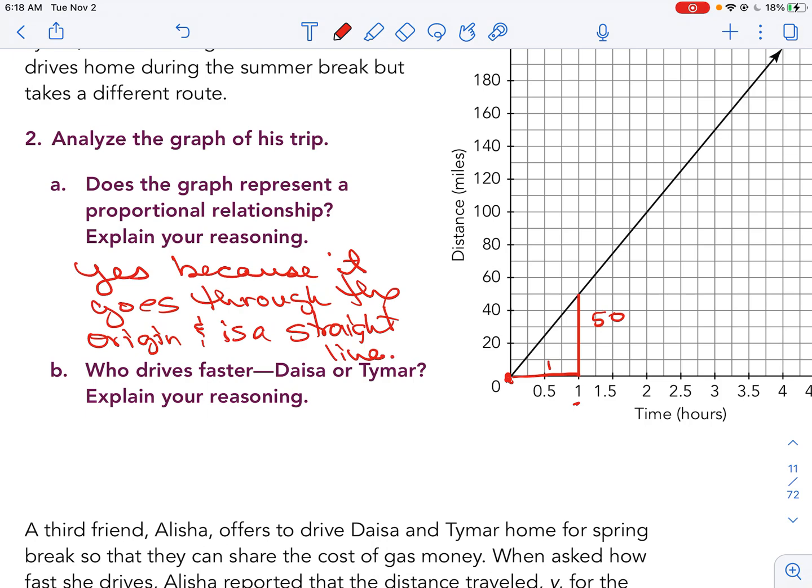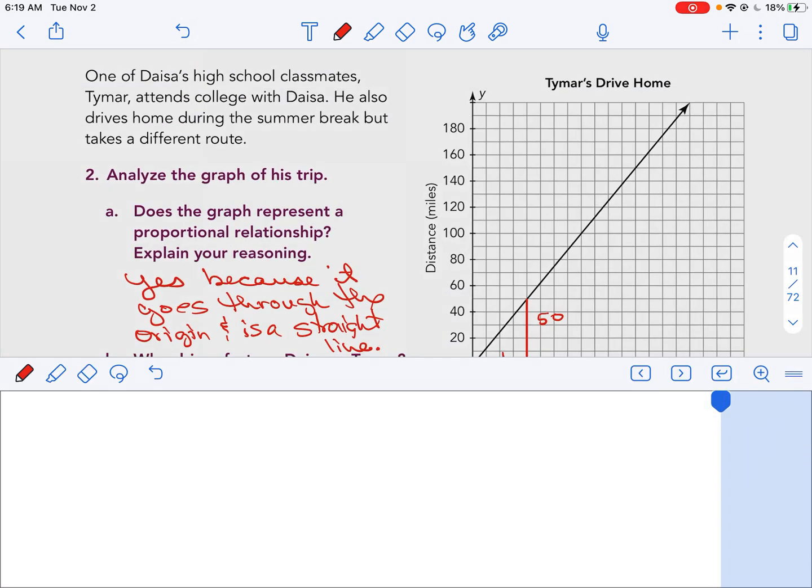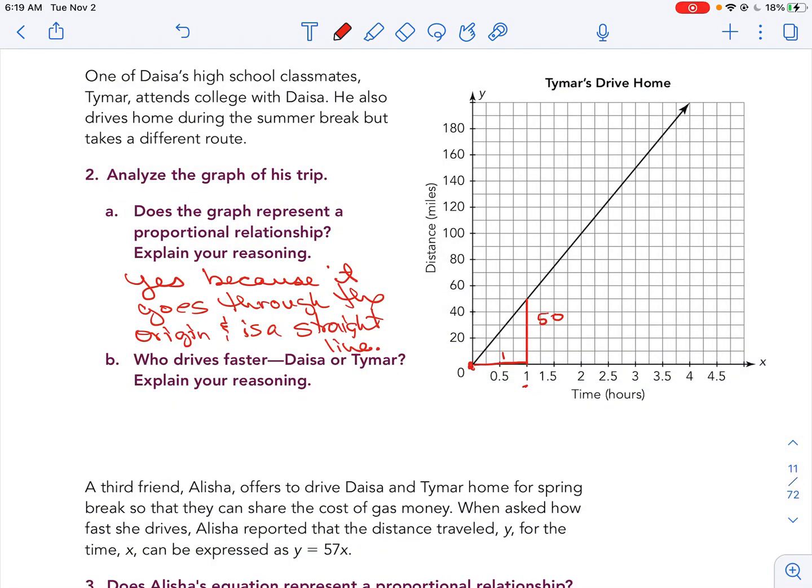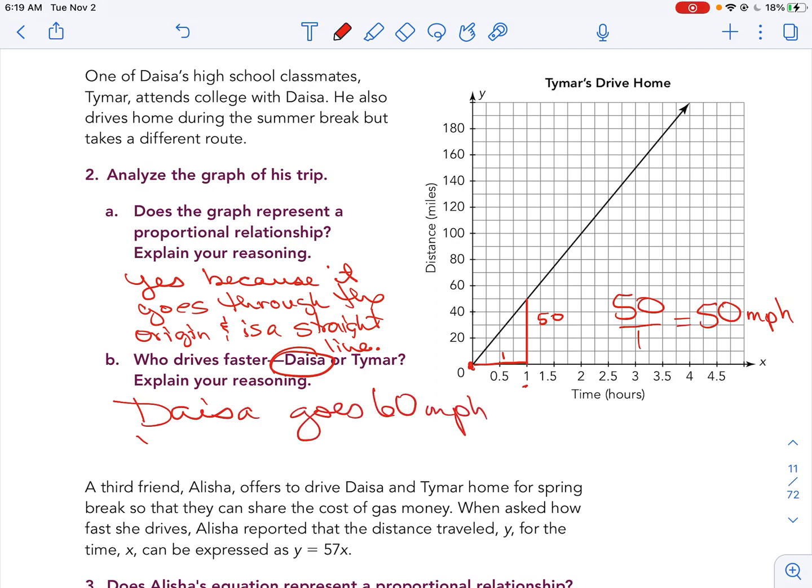And I know all lines are straight, but for this, we're doing that. Okay, so what is its constant of proportionality? Sorry, I always do that. Its constant of proportionality is 50 over 1, which is 50 miles per hour. So who drives faster? Daisy. Daisy goes 60 miles per hour, and Timar only 50 miles per hour.